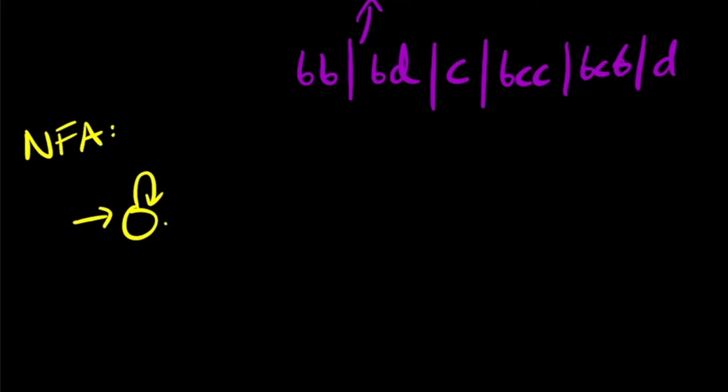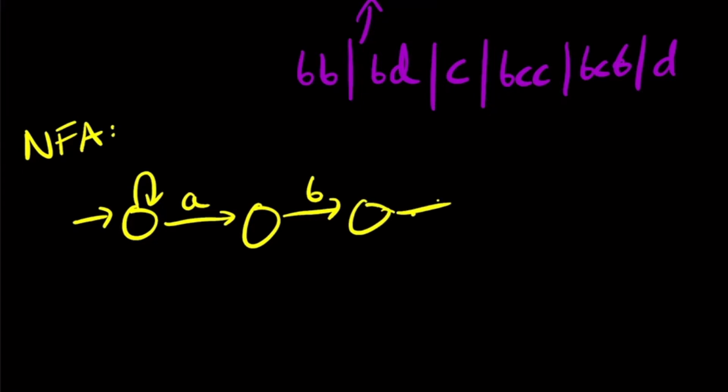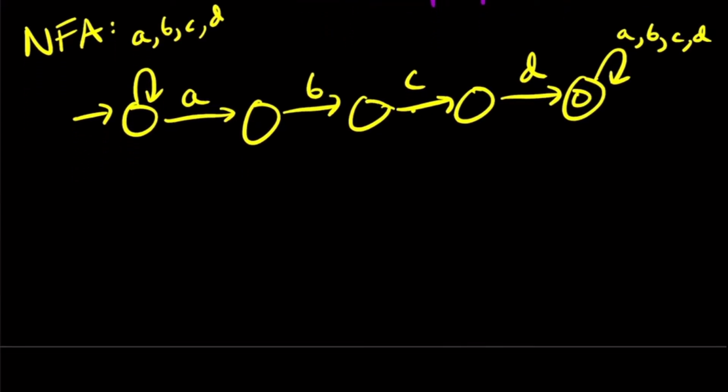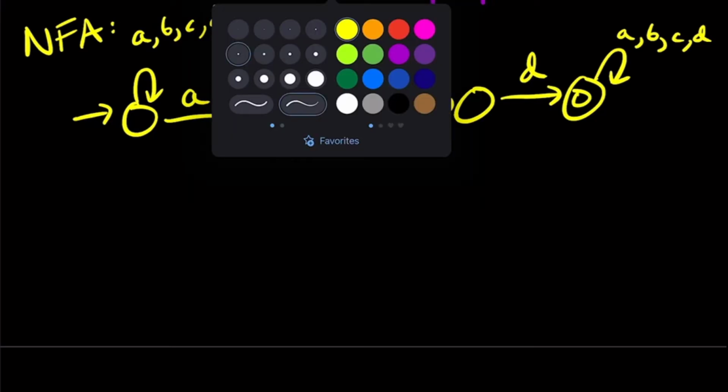What we're going to do is have A, and then B, and then C, and then D. Note the NFA that I'm building right here is for all strings that do have A, B, C, D as a substring, which is the exact opposite condition that we want. So one thing that we can do is convert this to a DFA and then complement the final and non-final states. So let's go ahead and do that.